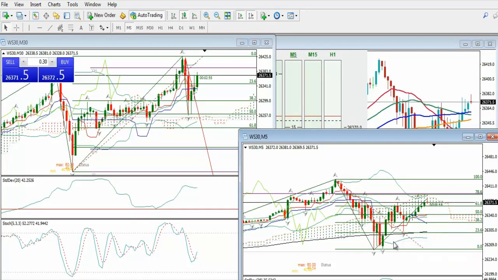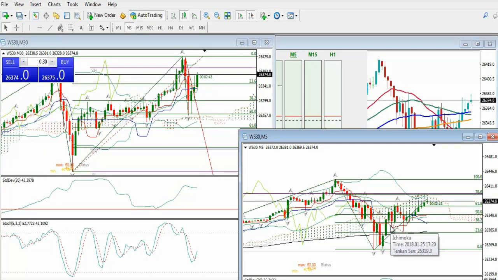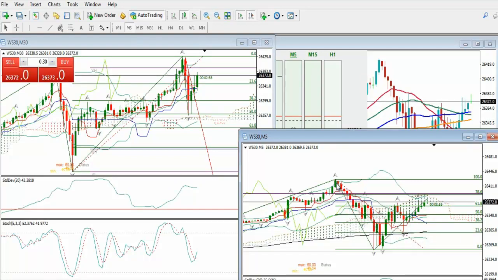Sometimes I have noticed that in markets like this, in days like this, Tekkensen may be a more valuable tool instead of Kijunsen, because look, something interesting. The Tekkensen was lost right here.